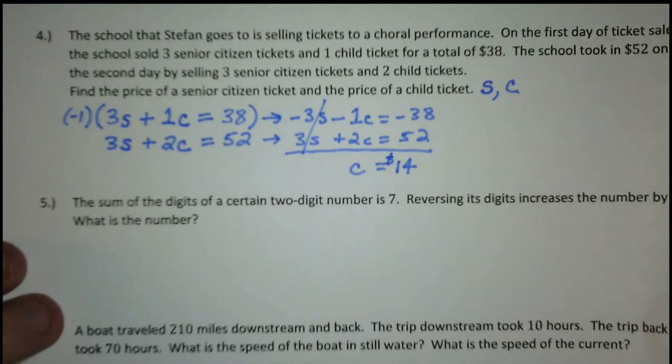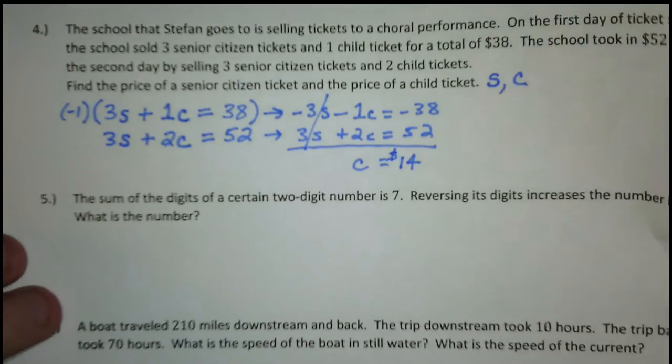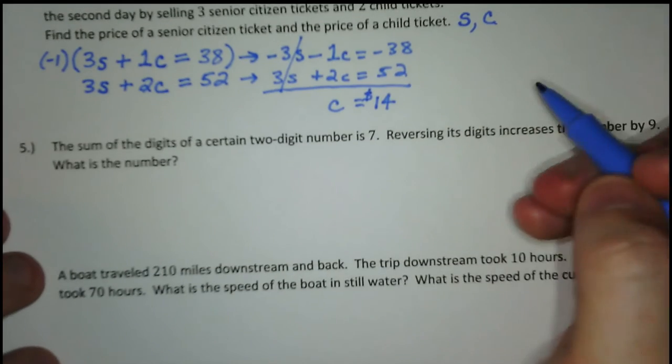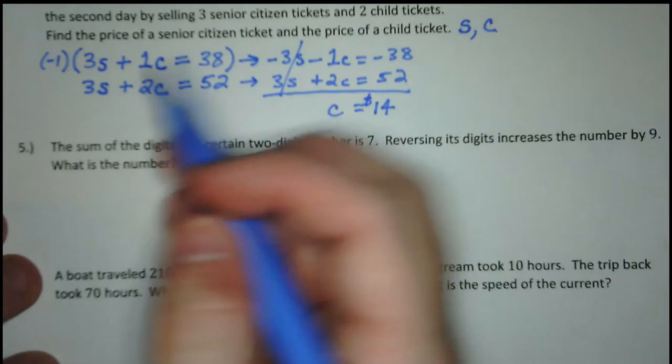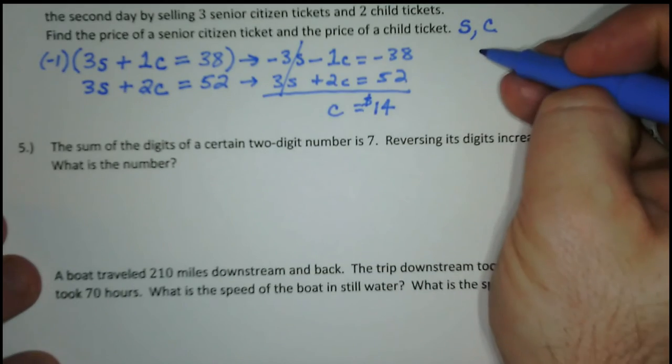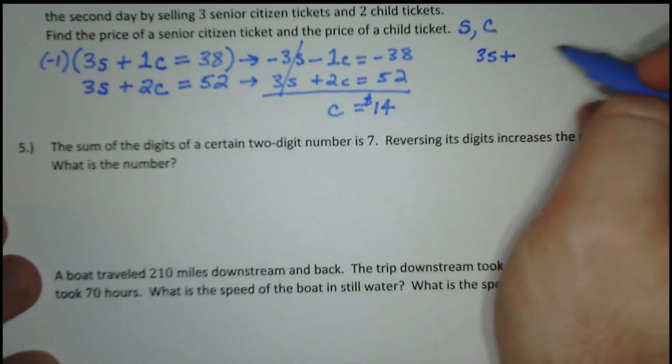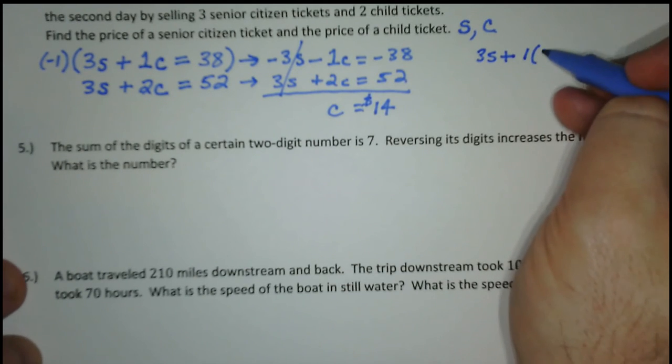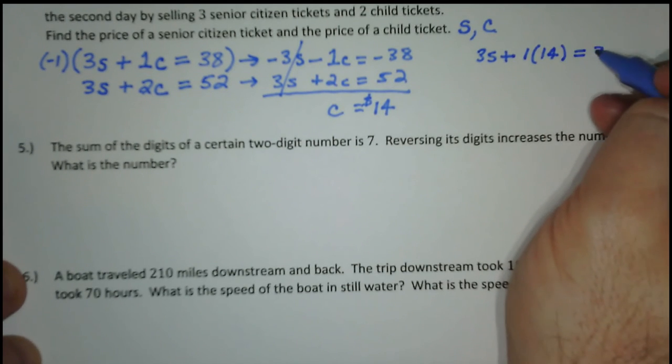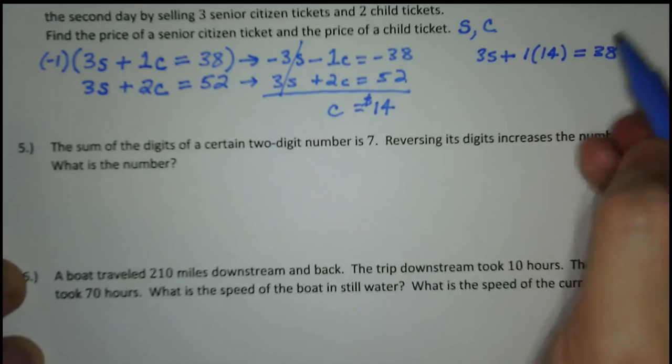And now that you know what a child ticket costs, you can very easily figure out what a senior citizen ticket costs. So let's toss it into 3S plus 1 times 14 equals 38. I'm going to use the original top equation.